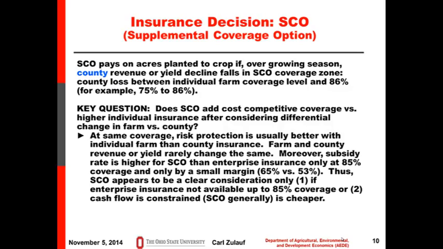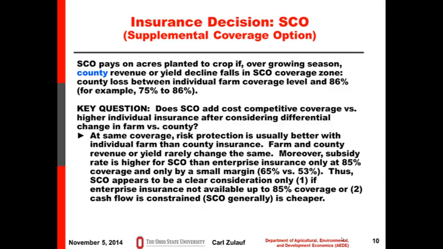So if I buy 85% individual farm insurance, my coverage zone under SCO will be 85 to 86%, or 1 percentage point. If, on the other hand, I buy 50% individual farm insurance, my potential coverage zone on SCO is 50% to 86%. Any loss greater than 50% in this particular case would be handled by individual farm insurance.